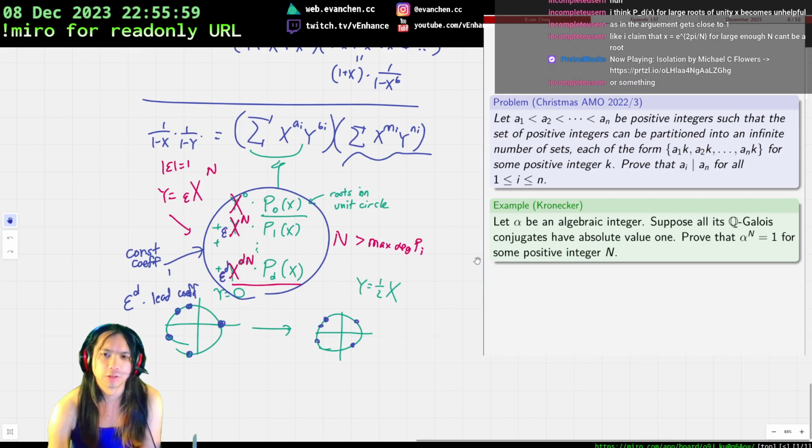Okay, you have a claim, which is that if I plug in a root that's close enough to 1, something breaks. I'm not sure.